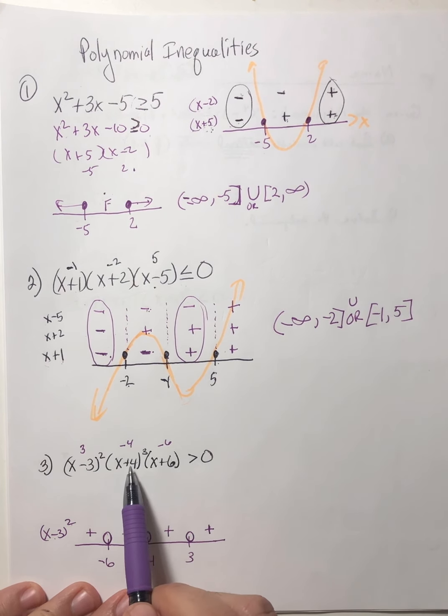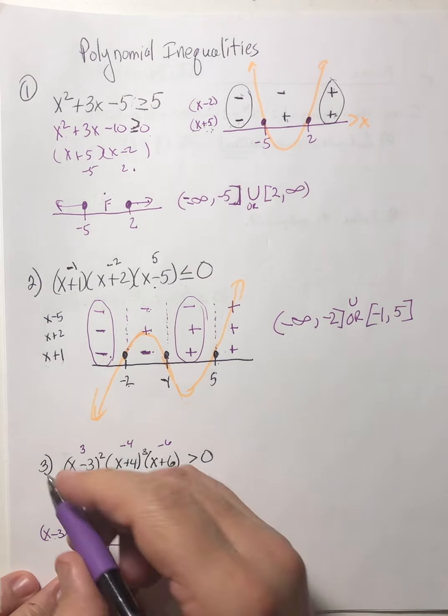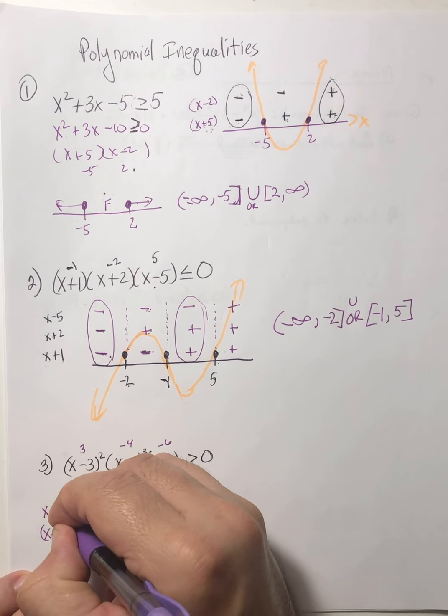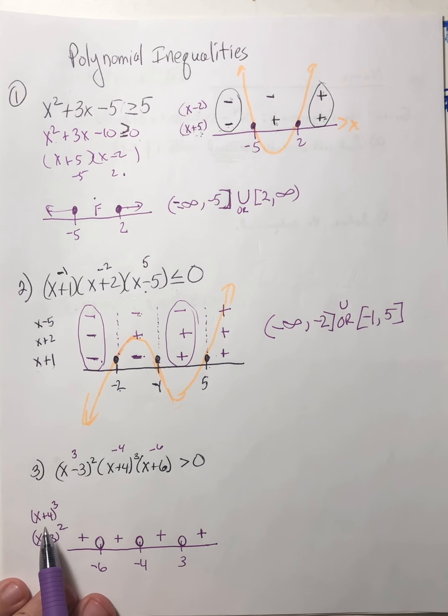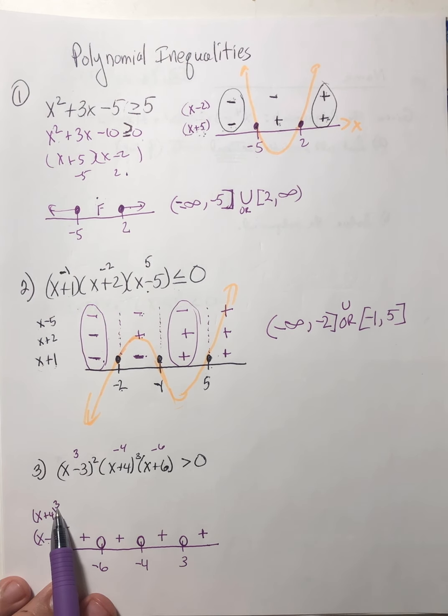All right, now I'm going to go to my x plus 4 cubed. What happens when you raise a negative number to an odd exponent? That's right, it stays negative. So the exponent here doesn't do anything for us in terms of signs.